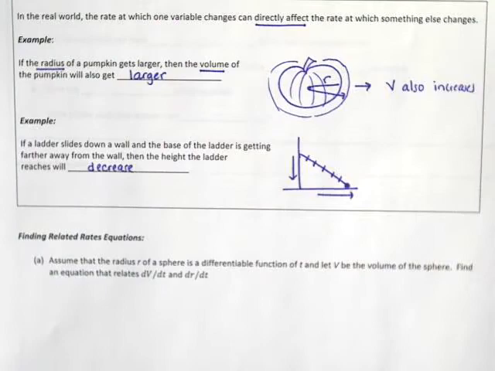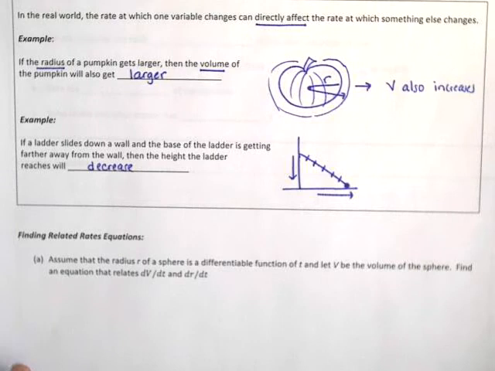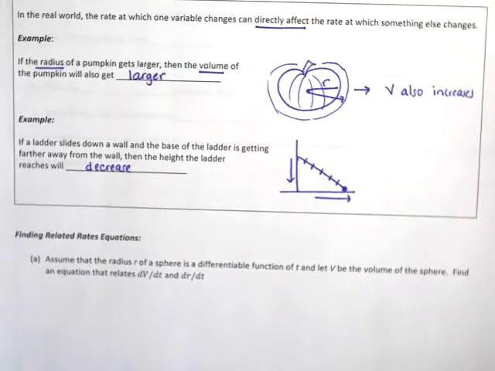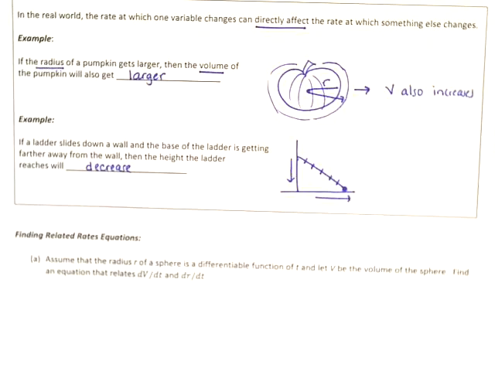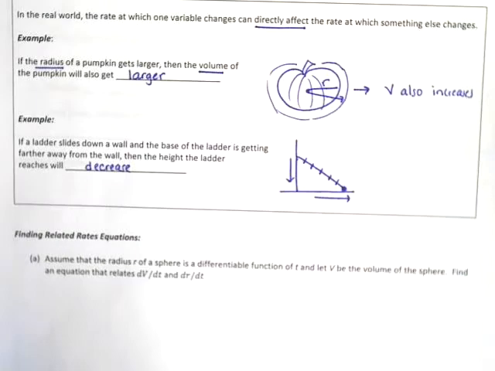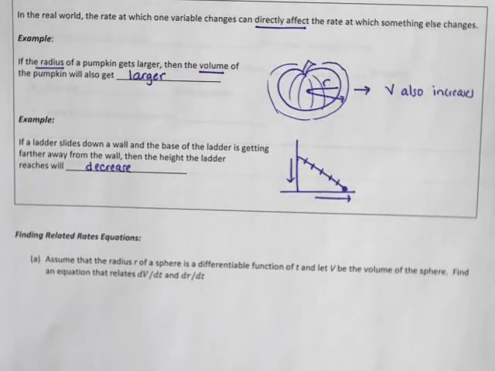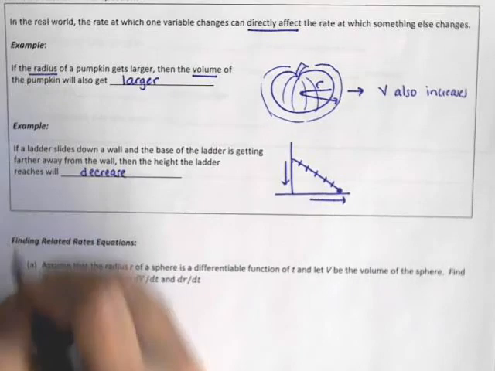These are all connected. As one piece of this puzzle changes, it affects the rate at which other pieces of the puzzle change. Now this means we're going to have equations with multiple variables in them. Unlike optimization problems where we usually used substitution to get rid of a variable, in related rates problems, we will often have more than one variable.